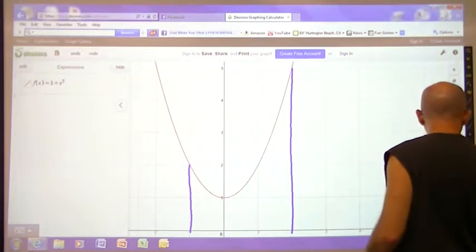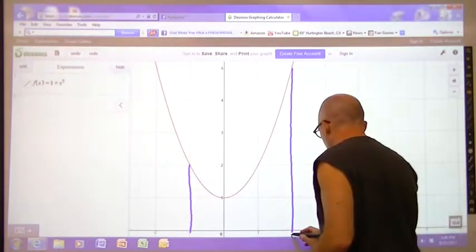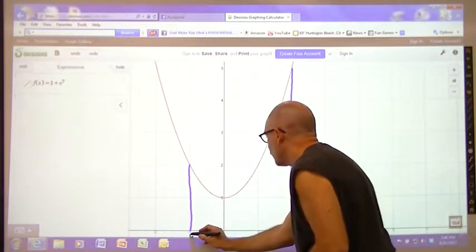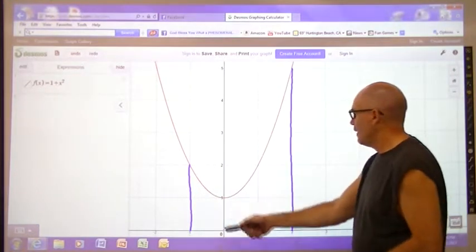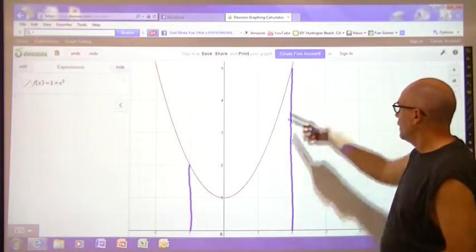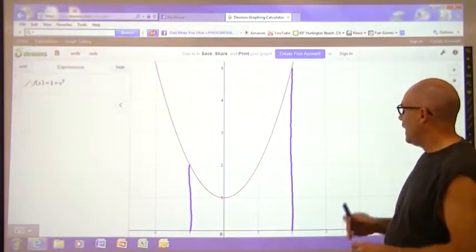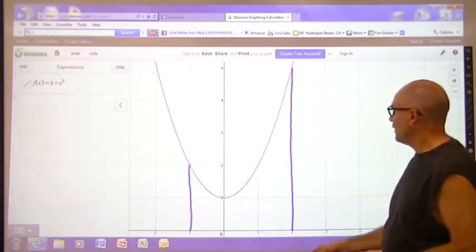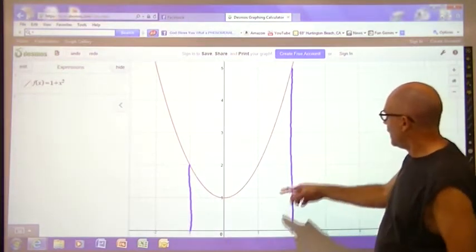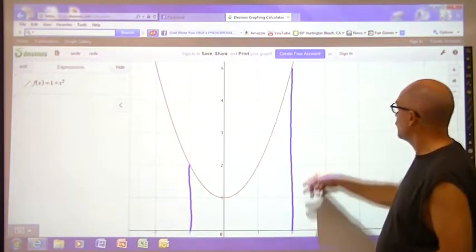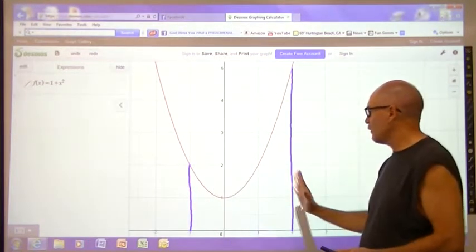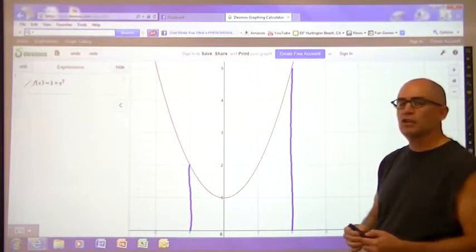So what is the average value, or in other words, what's the average height of all the vertical lines from -1 up to 2? Now notice the height at -1 is 2, the height at 0 is 1, the height at 1 is 2, the height at 2 is 5. We want an average height from -1 to 2.